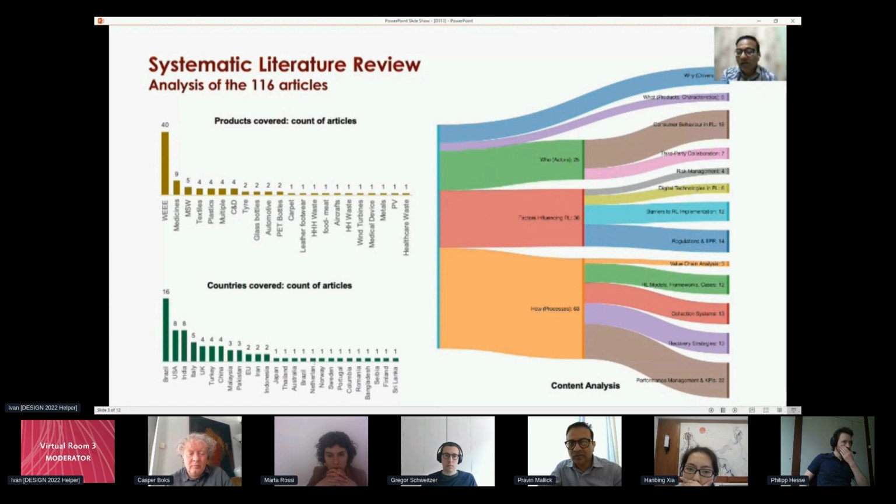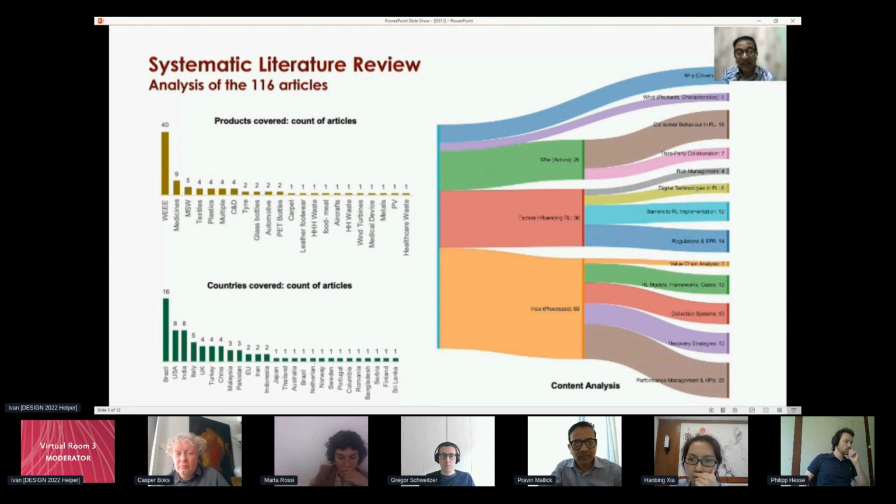Specifically on the how, the study gave some very good insights on activities in take back, the different collection systems, the product recovery options, what goes into the design of a performance management system and choice of key performance indicators, and the influence of regulations, for instance, those on extended producer responsibility.